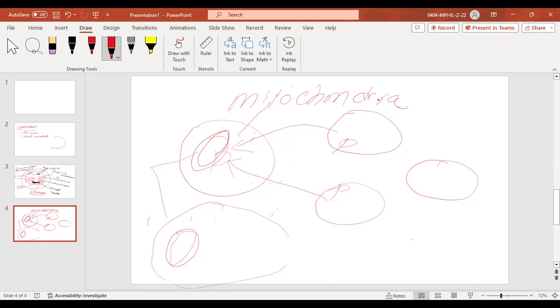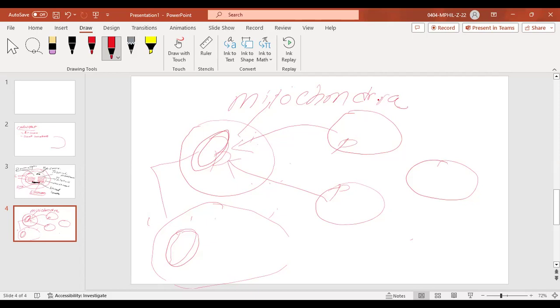This is the question we mostly ask: how are eukaryotes formed from prokaryotes? Scientists give this answer that the eukaryotic cell is actually formed from prokaryotic cells when small prokaryotic cells enter into the larger prokaryotic cell.